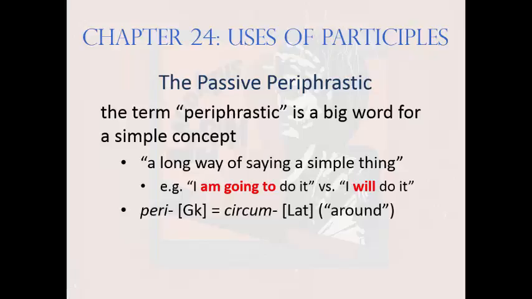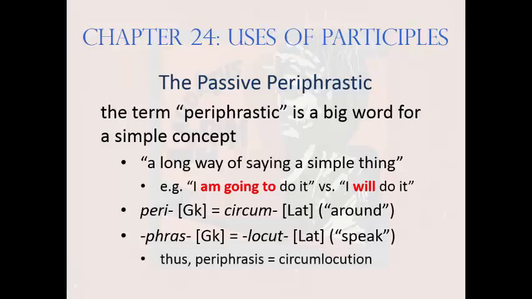The word comes from Greek, where peri means around; Latin uses circum to say the same, and phrase means speak. In Latin, that's locute, from a verb we haven't studied yet, but will. So, periphrasis is the Greek equivalent of our Latin-based word circumlocution.